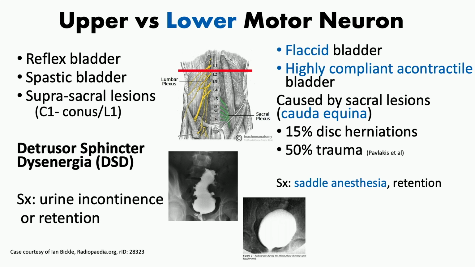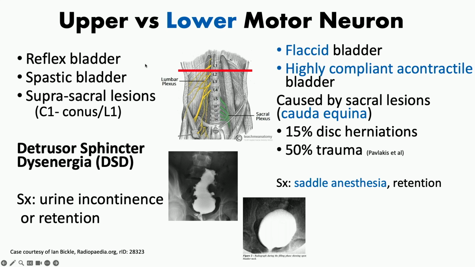Upper versus lower motor neuron. If you remember neuroanatomy, the spinal cord ends between L1 and L2, and below there is the cauda equina. So injuries above the cauda equina, or where the conus is, are considered an upper motor neuron bladder, also called a reflexive bladder or spastic bladder.